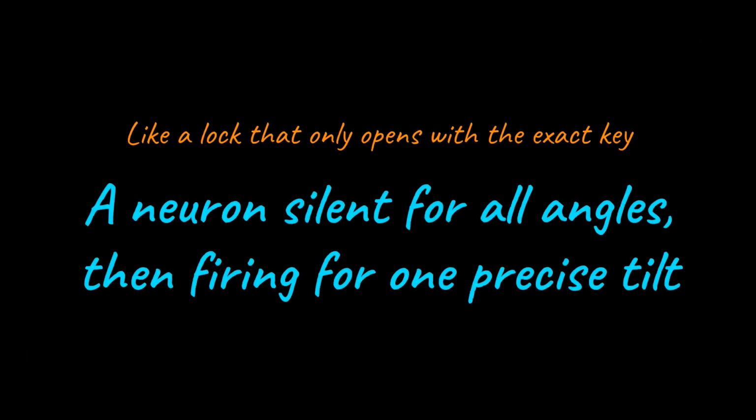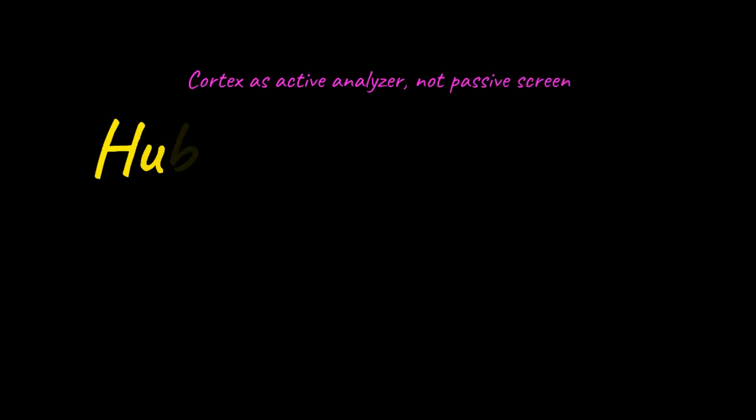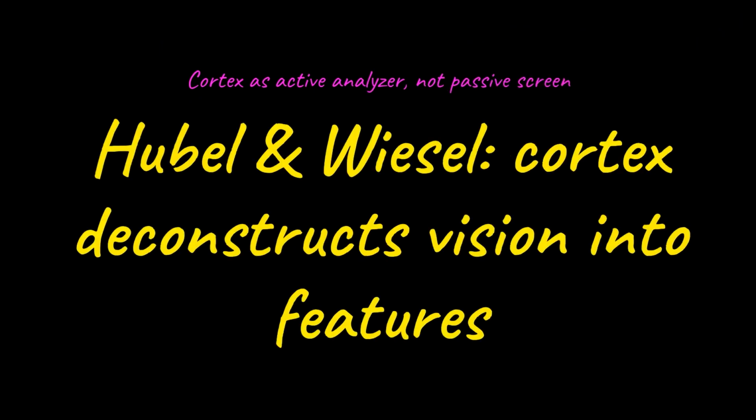A single cortical neuron may stay completely silent while a bar of light is swept across the screen at every angle, then fire a rapid burst the instant that bar hits exactly the right tilt. The key insight is that the cortex does not passively mirror the retina. It actively breaks the visual world into elementary components. When you see single-cell recordings tuned for edge orientation, think Hubel and Wiesel's feature detectors.